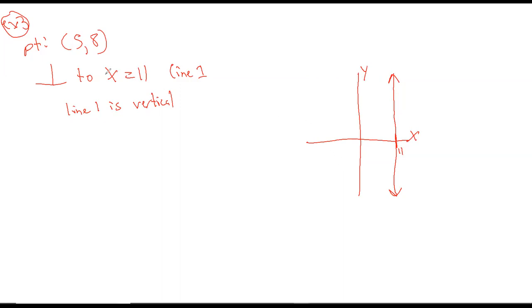But it's not. We were told to make a perpendicular line, and perpendicular to vertical lines are horizontal. Horizontal lines are perpendicular to vertical lines.